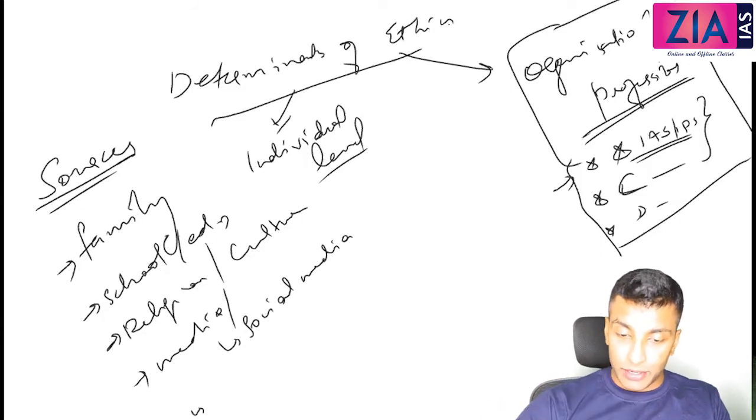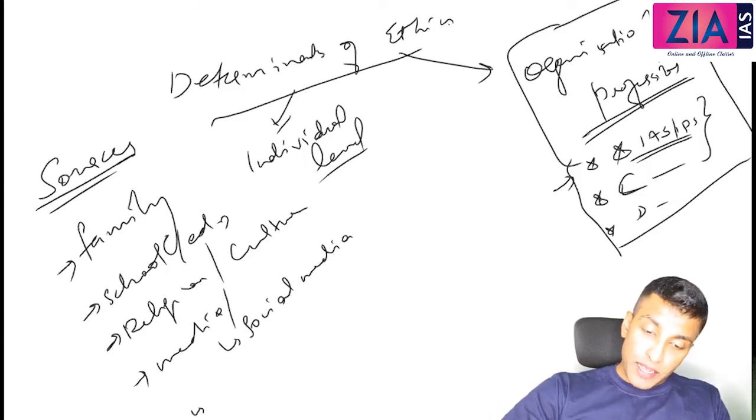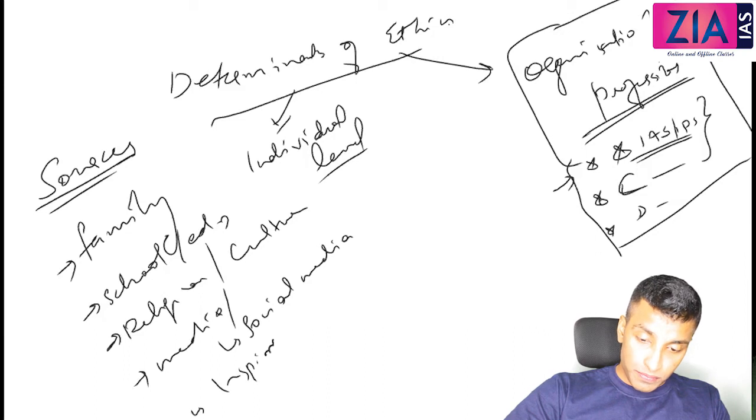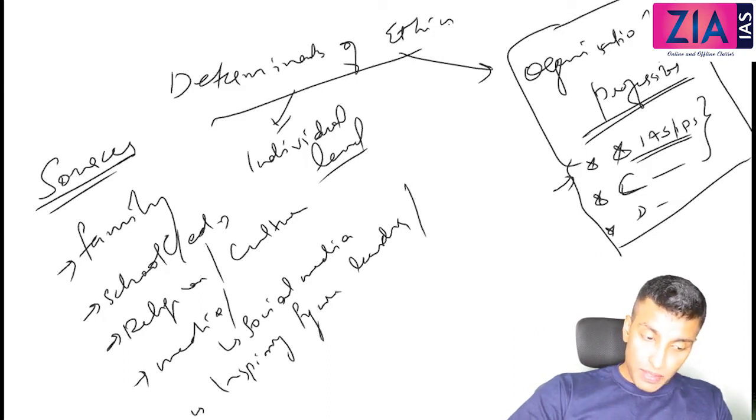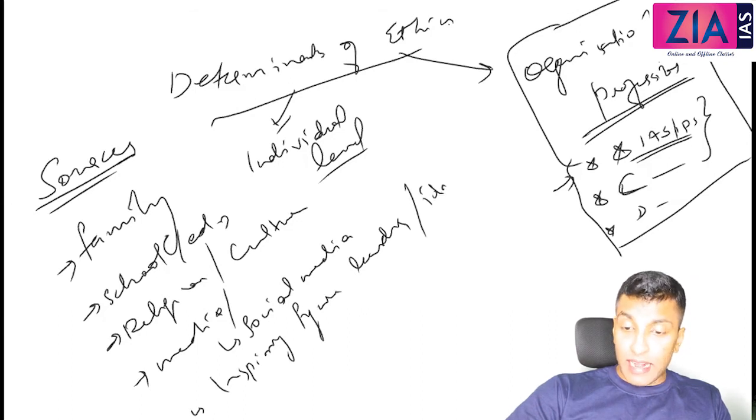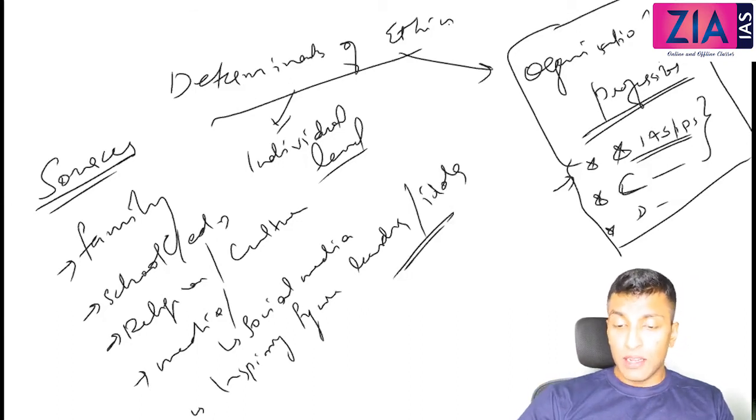These are directly there in your syllabus. Inspiring figures, leaders, idols, they will directly ask you. In fact, it was asked who is the idol of your life, and why, etc.